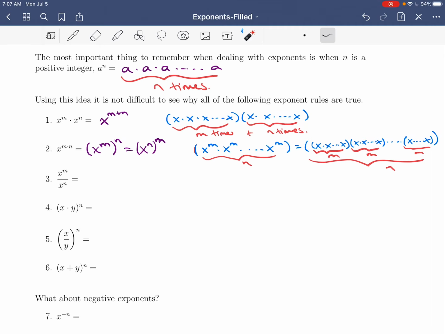Now when I have, again, the same base, x to the m over x to the n, you can write that as x to the m minus n, so you subtract the bottom. Again, this is just because you have x times x, m times, over, again, x times x, n times.